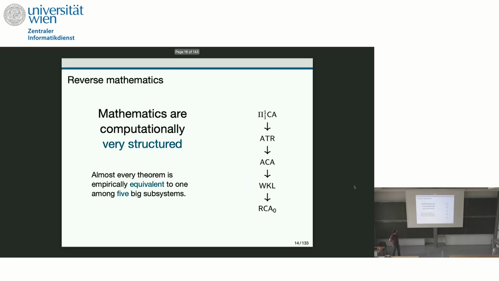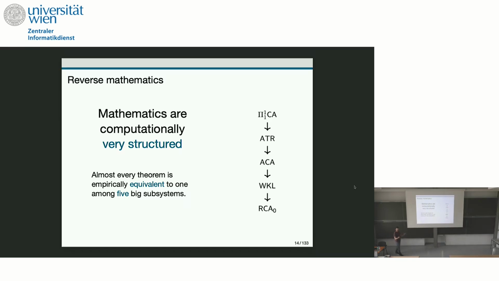So the early study of reverse mathematics showed that mathematics is very structured modulo RCA0, so computationally. If you take a theorem of everyday life, it will likely be either provable already in RCA0, which means it's computably true, so already part of computable mathematics, or it will be equivalent to one of these four other systems, which are even linearly ordered by logical implication.